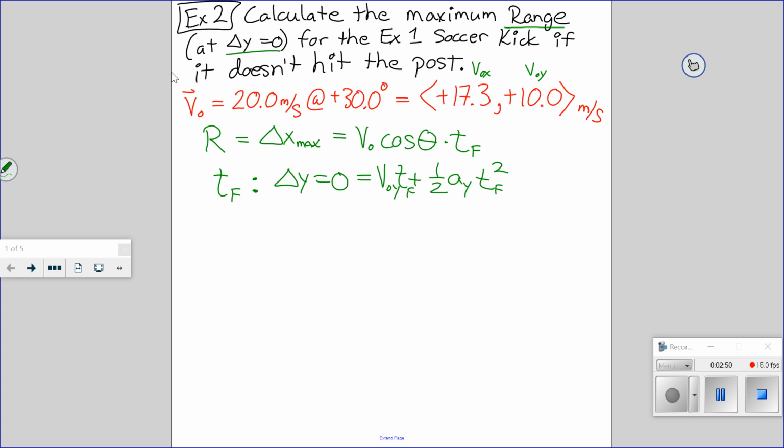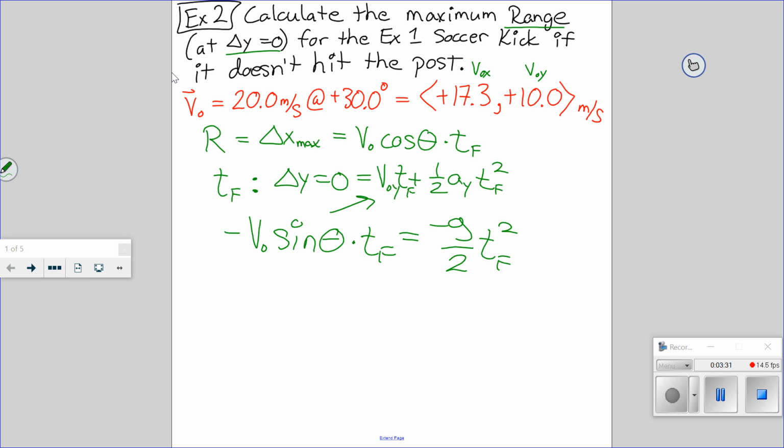I'm going to plug in for v0y and move it to the other side, so minus v0 sine of theta, theta is my 30 degrees, times t final equals, we can put in g for ay, minus g over 2 t final squared. You might think, oh dear, a quadratic.